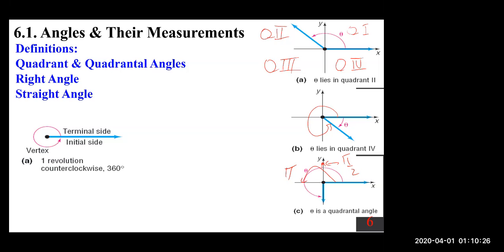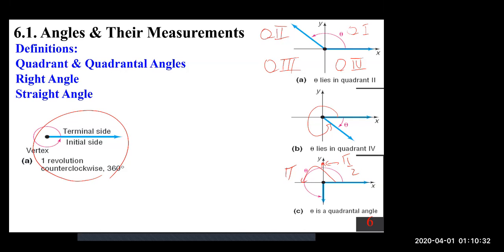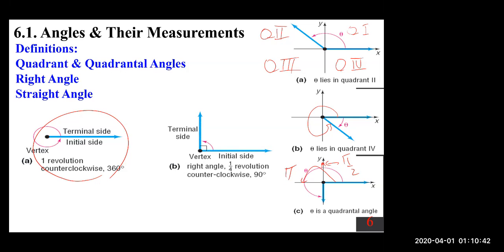So as you can see, this is referring to what I was just mentioning, a complete revolution, which means you're dealing with 360 degrees or 2 pi radians. A right angle, everybody knows, is 90 degrees or pi over 2.